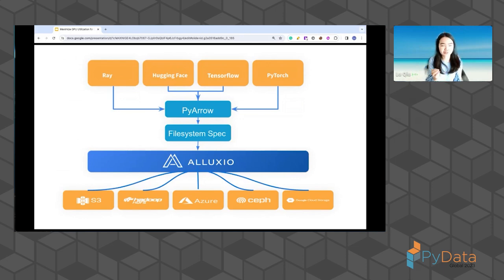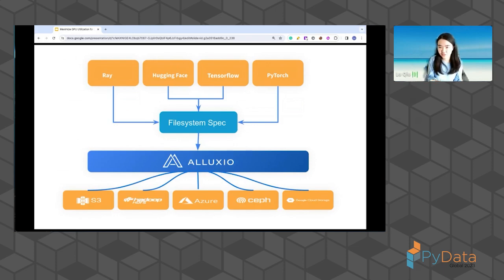All the famous storage systems you can think of implement File System Spec, which turns that storage system's API into a uniform Python IO-like interface that can easily be consumed by all applications, including but not limited to PyArrow.